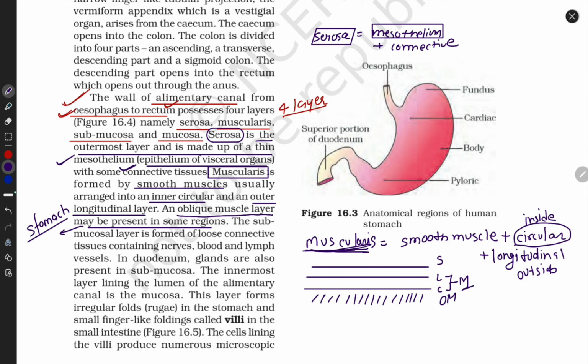Alright, guys. Now our next layer is the submucosal layer. It is formed of loose connective tissue. They contain nerves, blood and lymph vessels. Very important, guys. Be specific.